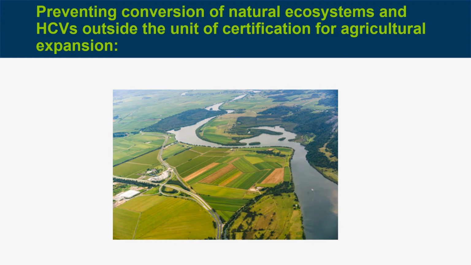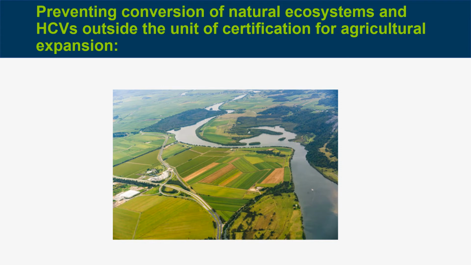So indicators 1.2.3 and 1.2.4 require that operators assess the risk across the supply base and accordingly develop and implement continuous improvement plans for issues identified outside the unit of certification. The 1.2.4 makes special reference to preventing conversion of natural ecosystems due to agricultural expansion outside the unit of certification. Linked to that, 4.1.5 states that all possible efforts should be taken to prevent further loss of HCVs in the whole supply area.